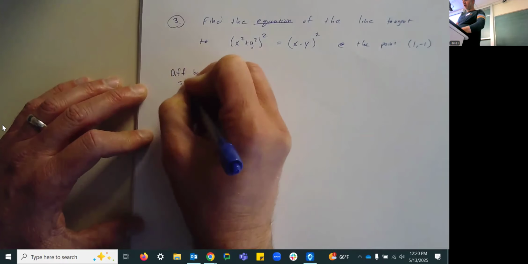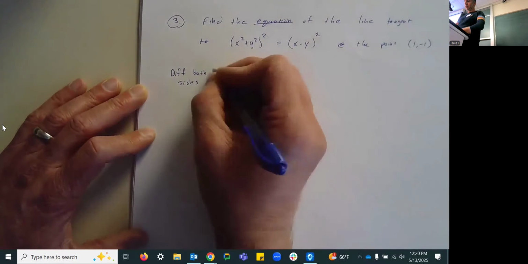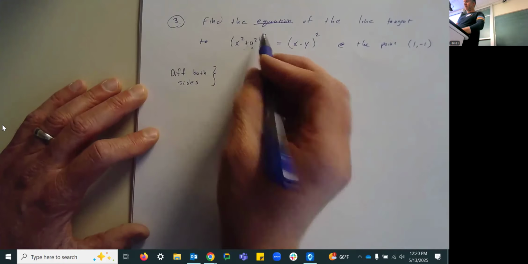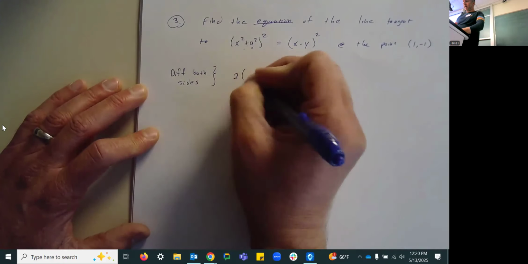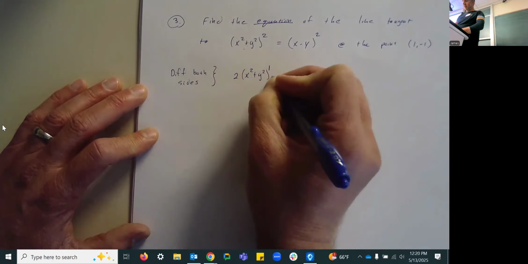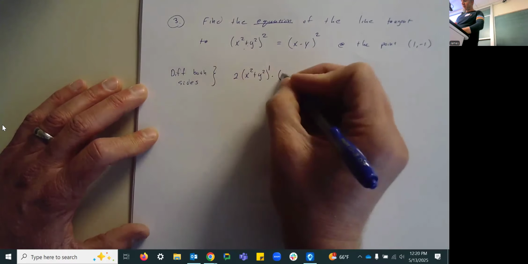That is always, always, always the first step if we see an implicitly defined equation like this. All right, on the left side, I've got some stuff squared, so my derivative is going to be 2 times that stuff to the first power times the derivative of the inside, which is the derivative of x squared, 2x.